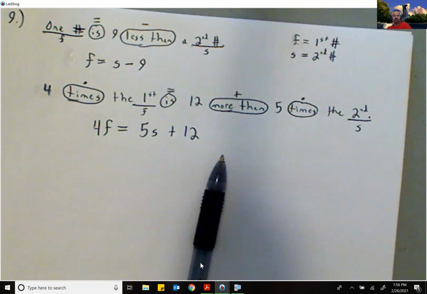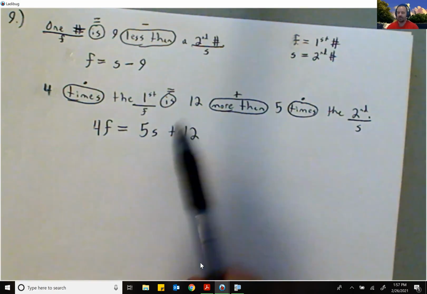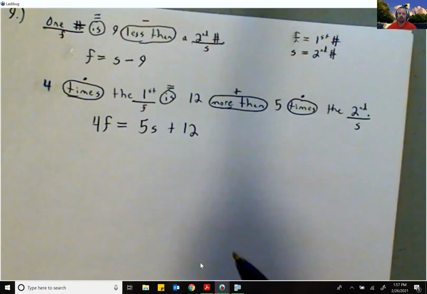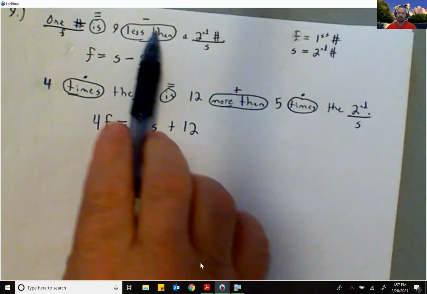But in subtraction, it matters because 2 minus 3 is not the same as 3 minus 2. So if you did write this as 12 plus 5S, you're fine. It's the less than one you have to be careful of.